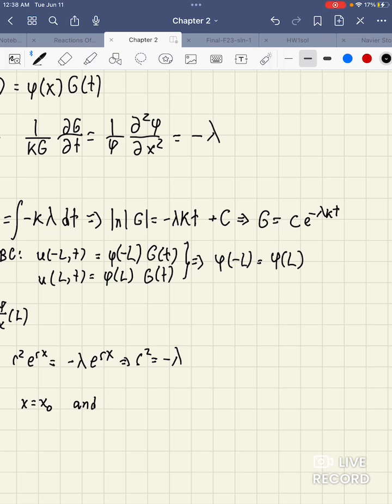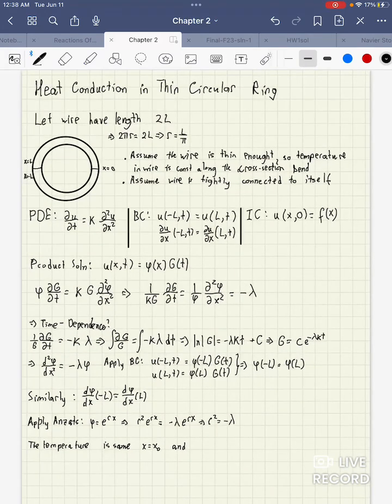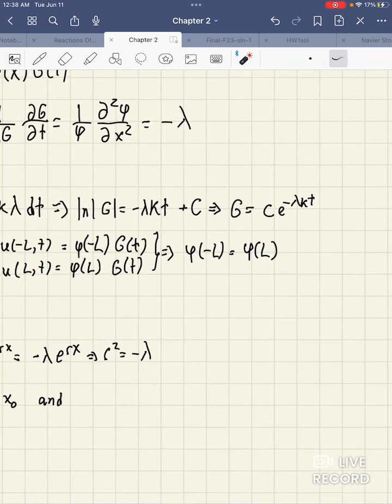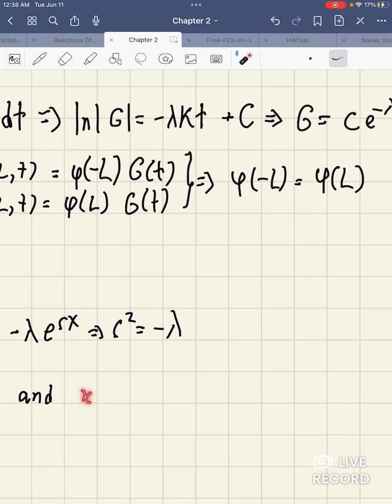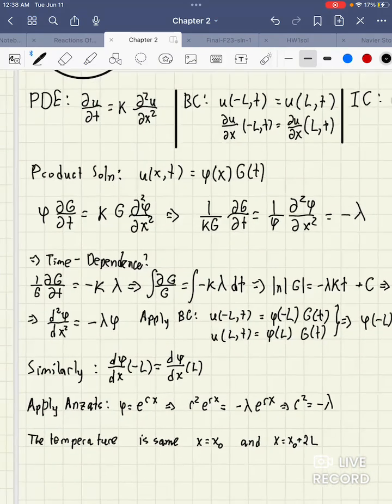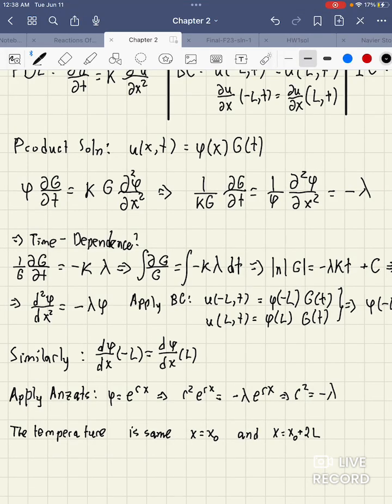Now I could say 2 pi, but we are talking about the length, not the angle. So every time it starts from here, after traveling a length of 2L, it comes back to here. So it still has the same temperature. So it's the same for x equal to x naught plus 2L.